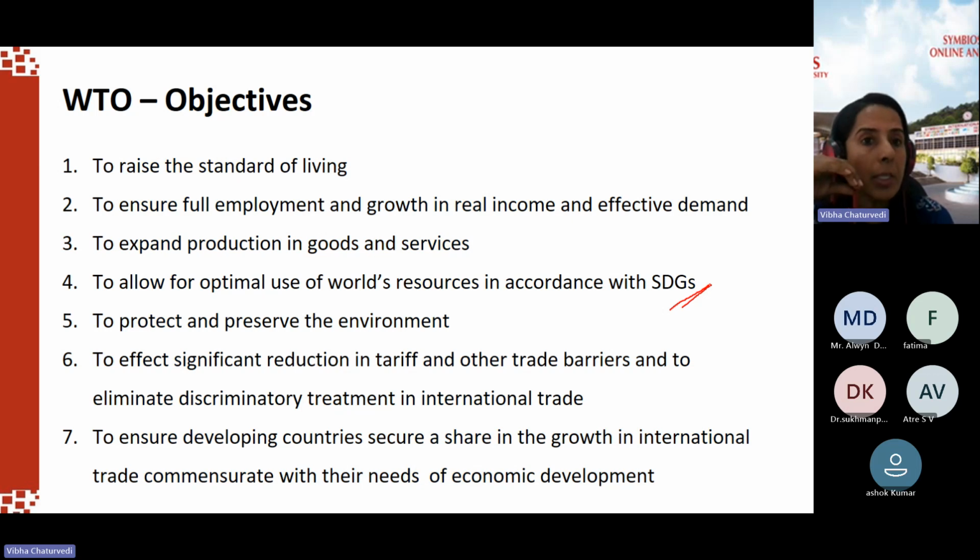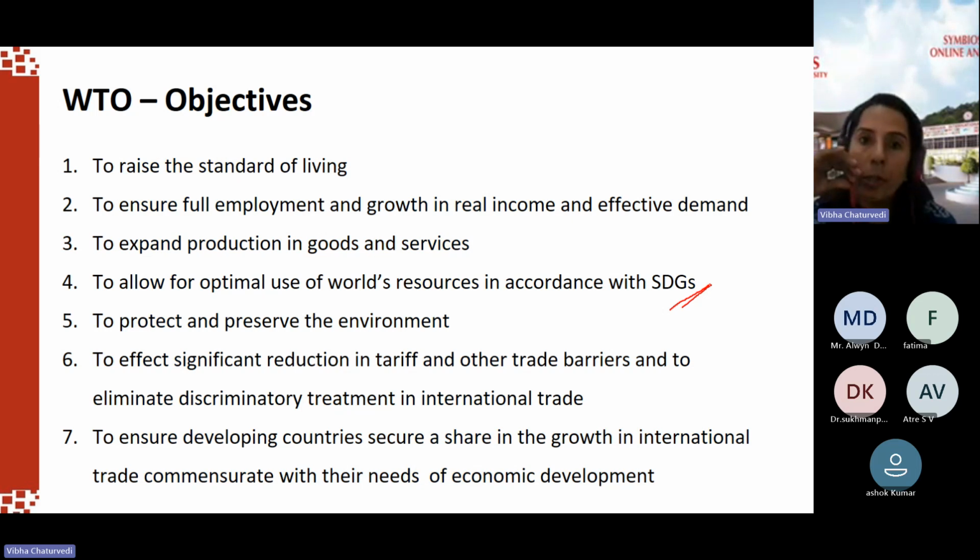But nevertheless, the objective is to always keep in mind the concept of sustainability. Protect and preserve the environment. You must at all times protect and preserve the environment when you operate from another country, although this is often flouted.